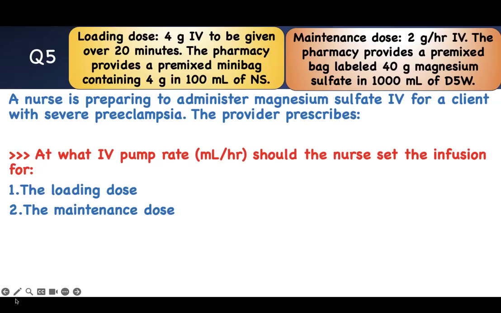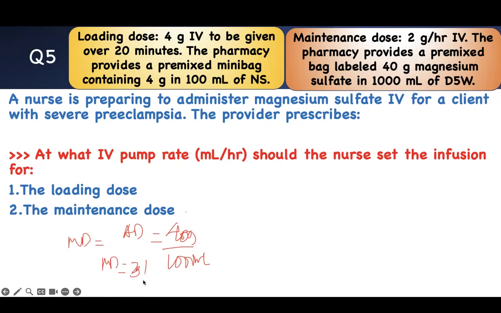You do the same thing. You ask yourself, for the maintenance dose, they have given me the available dose, which is 40 grams over 1,000 ml.